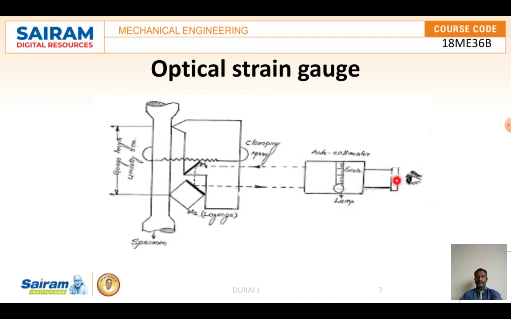If there is any change in the reflected beam, we can note it down, and that is the strain in the component. So this is about the optical strain gauge. Thank you.